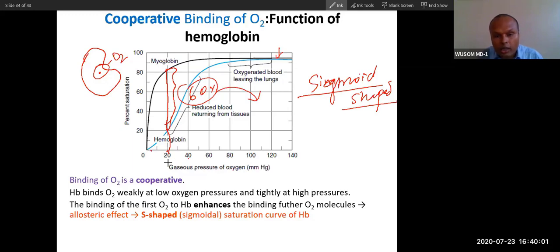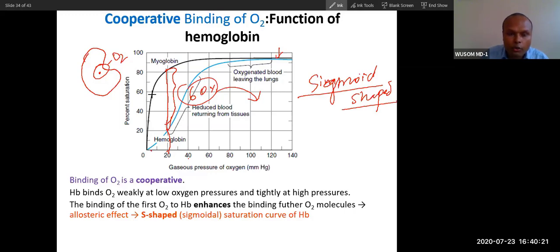At tissue level, the partial pressure of oxygen is between 20 to 40. That is why at tissue level, hemoglobin is capable of releasing its oxygen, but not myoglobin. And that is why myoglobin is a storage form.